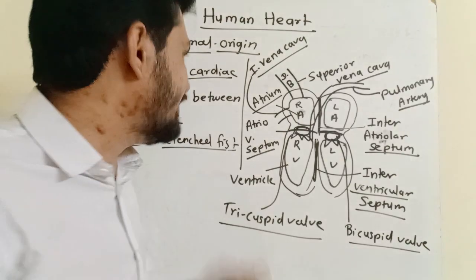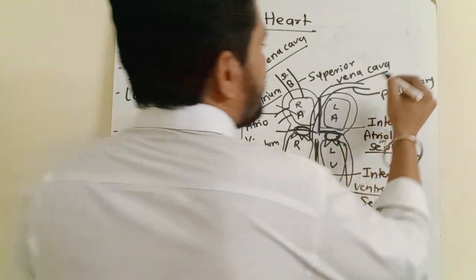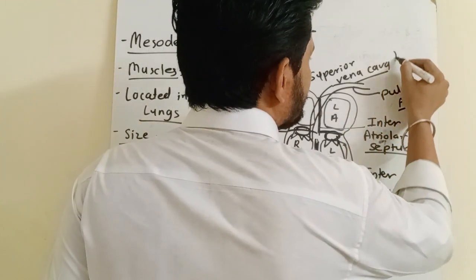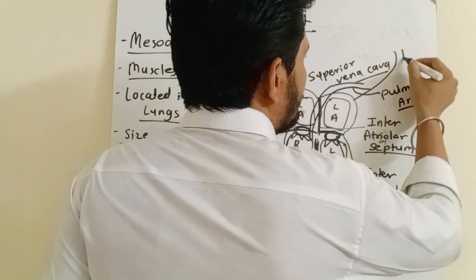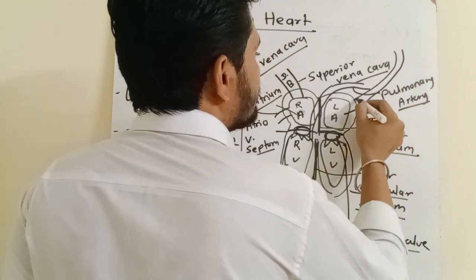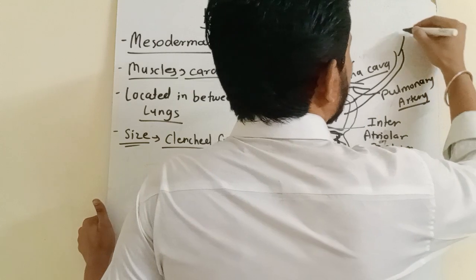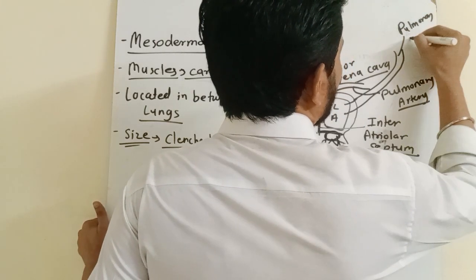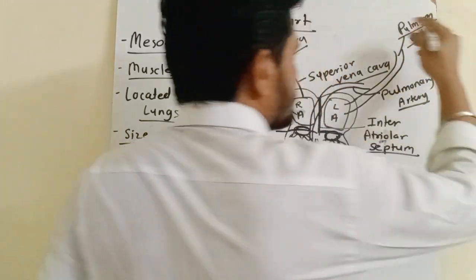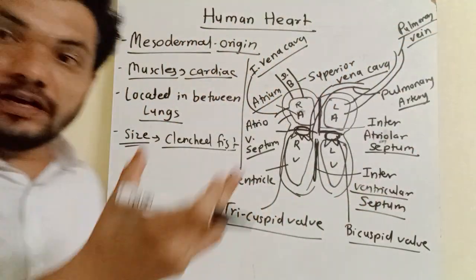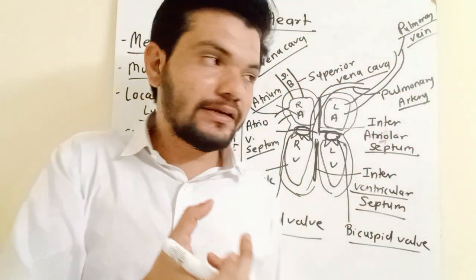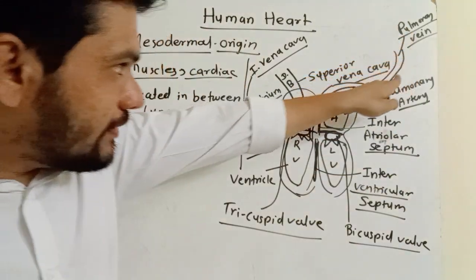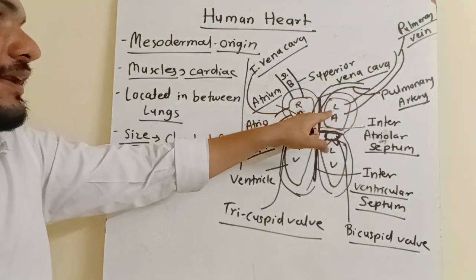The oxygenated blood is brought by the vein called the pulmonary vein, because it is bringing oxygenated blood towards the heart, right? So the pulmonary vein will bring oxygenated blood to the left atrium.